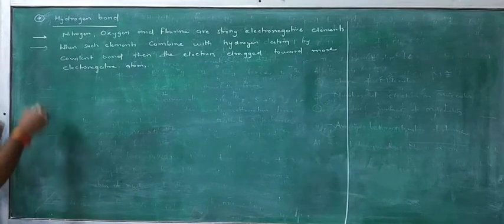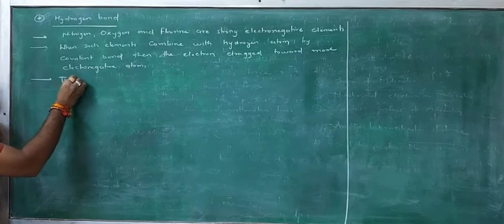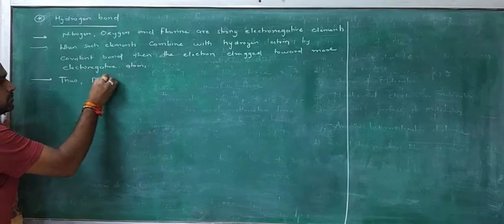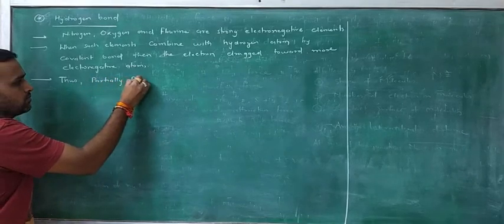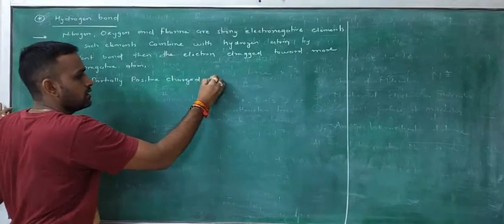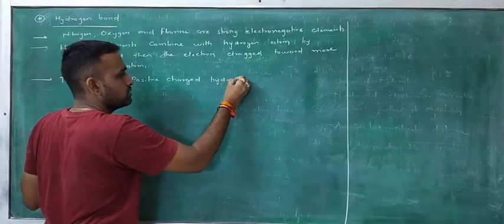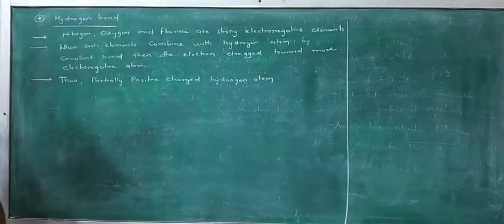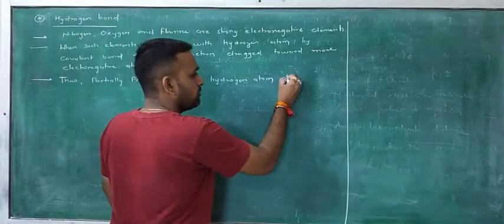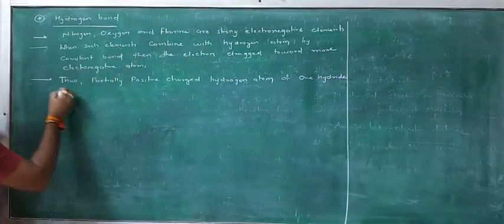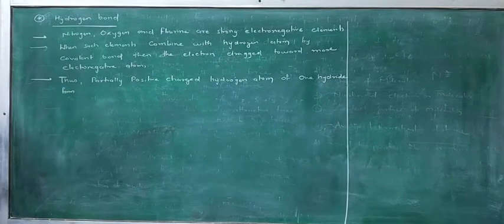Thus I can say, the partially positive charged hydrogen atom of one hydride forms what?